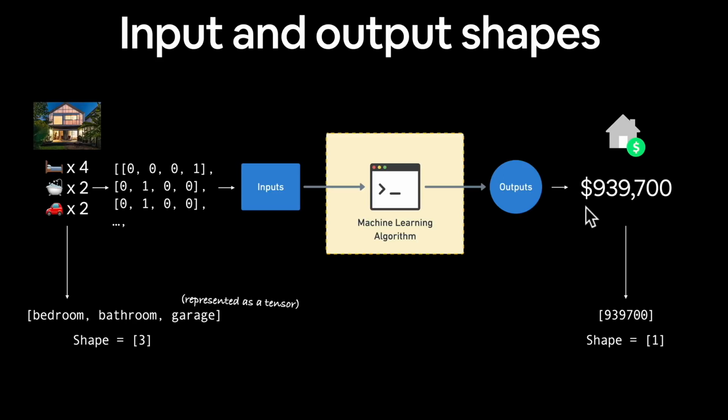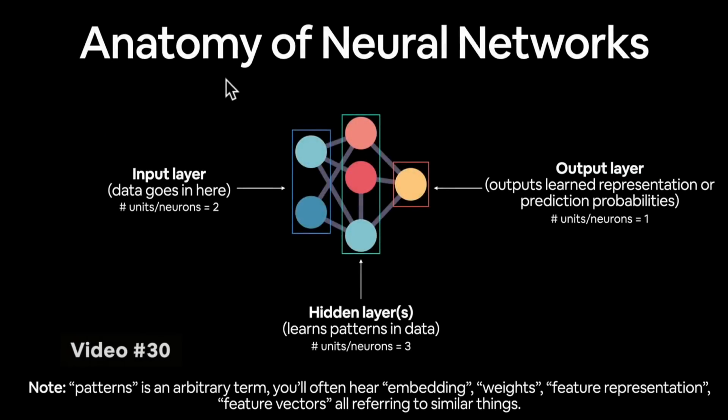Now, with that being said, we've covered inputs and outputs of our regression problem. Let's have a look at what that might look like in terms of writing neural network code. We'll look at it in the context of the architecture of a neural network regression model. Recall in a previous section that we covered the anatomy of neural networks.